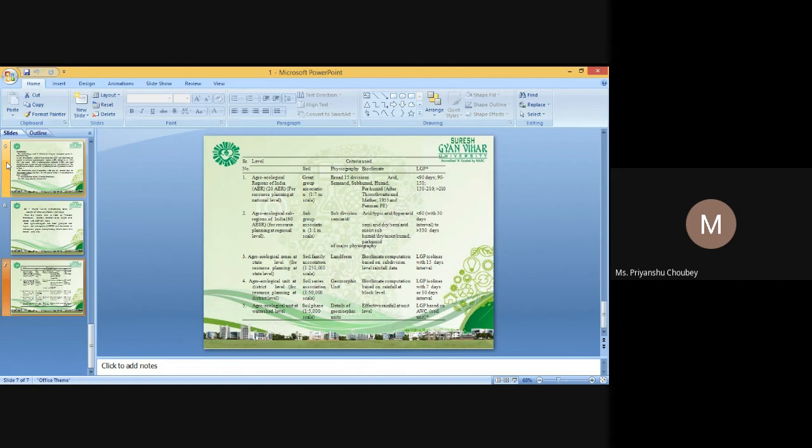Bengal Basin and the Assam Plains, precipitation 1400 to 2000, PET 1000 to 1400, length of growing period greater than 210. Major crops are wheat, millets, rice and jute, and plantation crops.